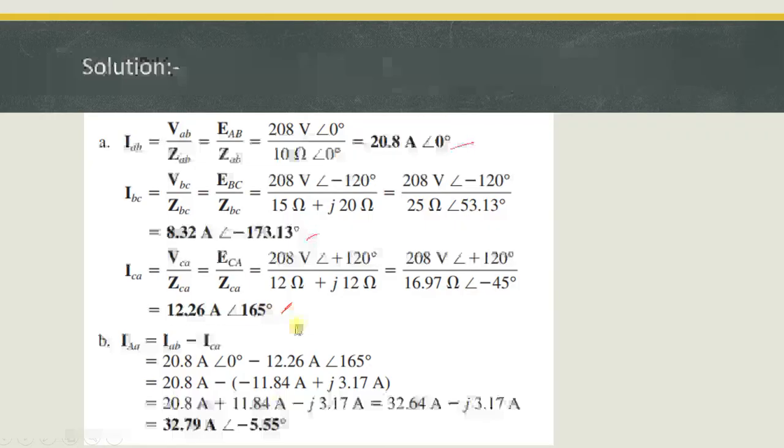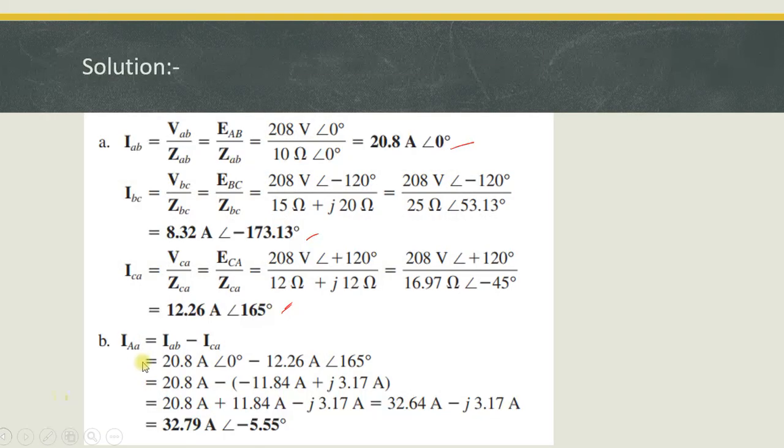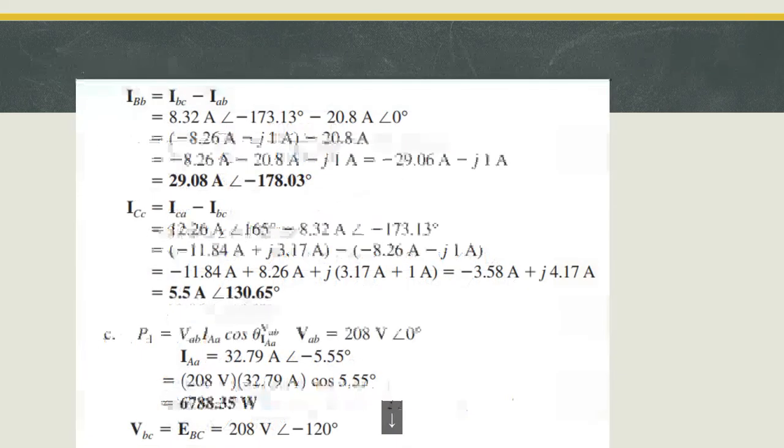Therefore the line currents are given by IAA equals IAB minus ICA. Substitute all those values and simplify. The final answer is 32.79 ampere. Similarly, do the same for the next phases IBB, ICC, and so on.